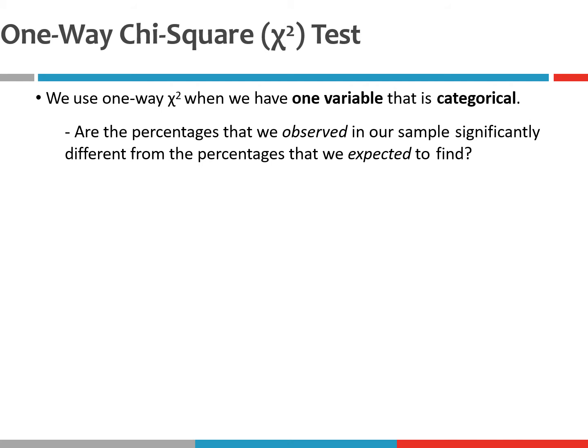So when we use a one-way chi-square test, we have a single variable that we're looking at, and that variable is categorical. Okay, so remember, categorical data can either be nominal data or ordinal data. Okay, so with both nominal and ordinal data, we're not actually looking at quantitative measurements. Okay, but rather we have a single variable with levels.